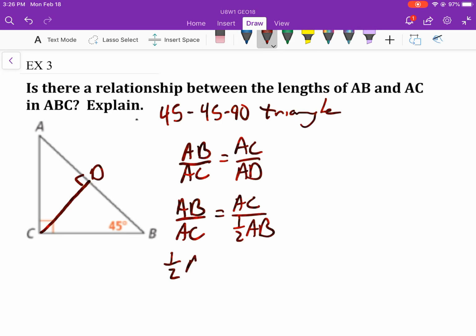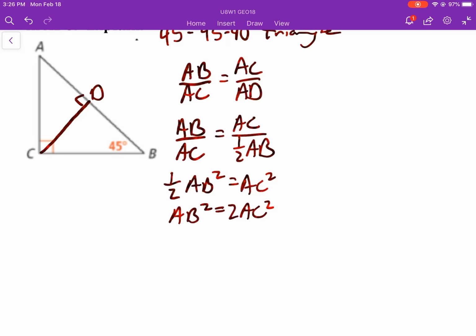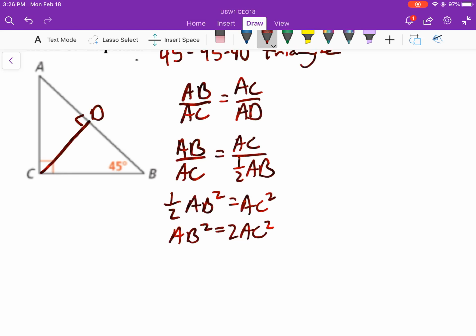Multiplying, 1/2 AB squared is equal to AC squared. AB squared is equal to 2 AC squared. Take the square root of both sides, and AB is equal to the square root of 2 times AC.